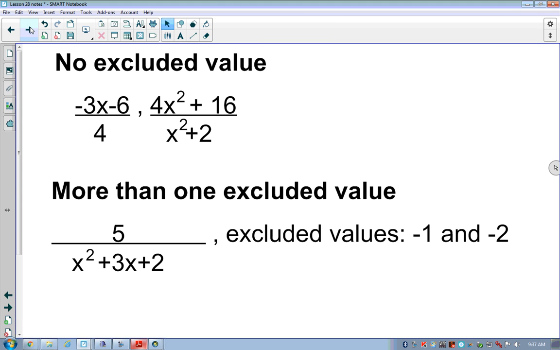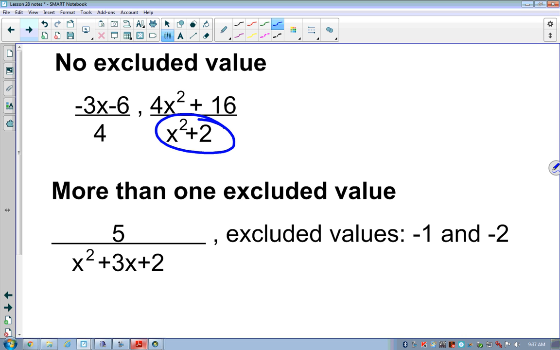For instance, we can see over here, -3x minus 6 divided by 4 has no excluded value because there's no situation where I can plug in a value for x that's going to give me an undefined solution. Okay? Because I'm not substituting anything in for the denominator. If I look over here at this right-hand one, the denominator does have an x, but even if I plug in a negative value, because I'm squaring it, I'm going to wind up with a positive value, and it's addition, so there's no way of canceling it out so that I get a 0 in the denominator.